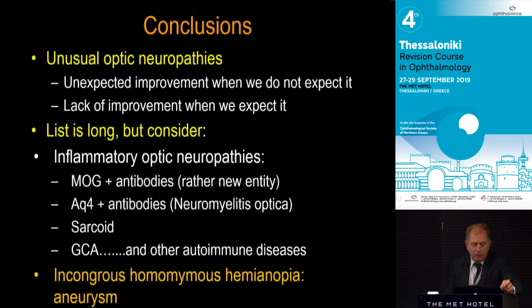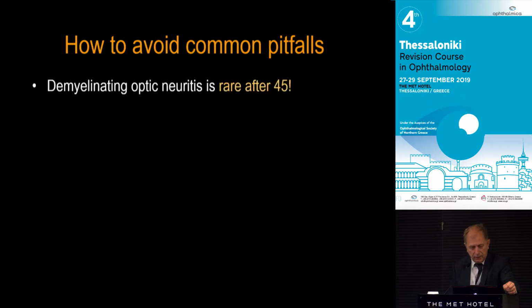The list is really very long, but think also about inflammatory optic neuropathies because they are treatable. So anti-MOG, aquaporin 4, Devic's disease, neuromyelitis optica, sarcoid, very important, and GCA, of course, and other autoimmune disease. And don't forget incongruous homonymous hemianopia as a presenting sign is really something that you should not forget.